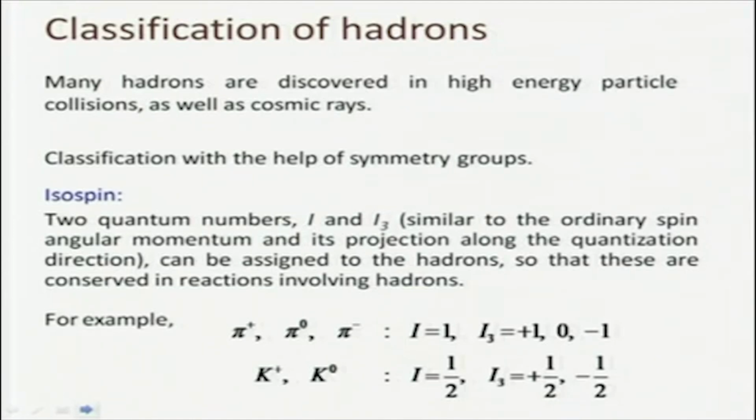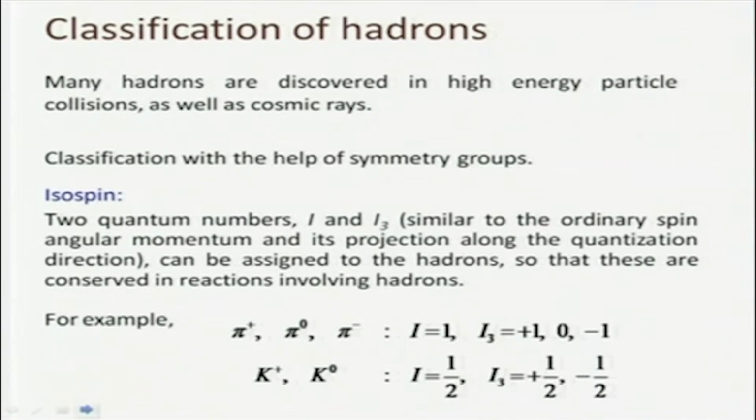For example, K plus is not grouped together with pi minus because they have different masses. Kaons have masses around 500 MeV, whereas pi minus has mass around 140 MeV. So, it was other considerations, not just the charge, that dictated these things.